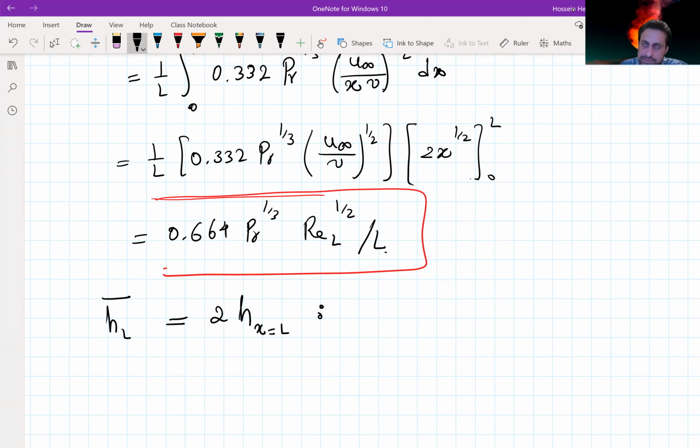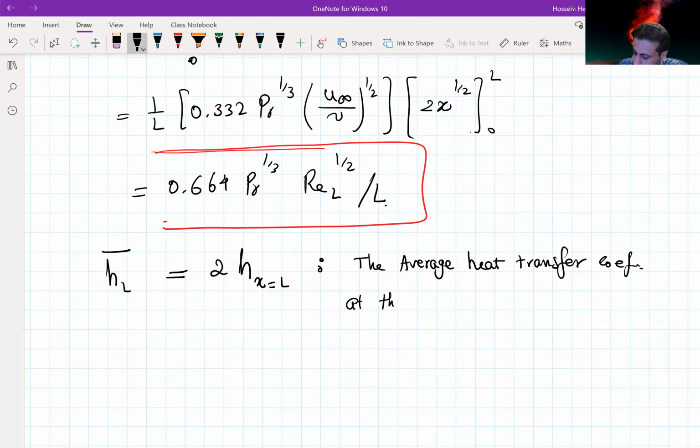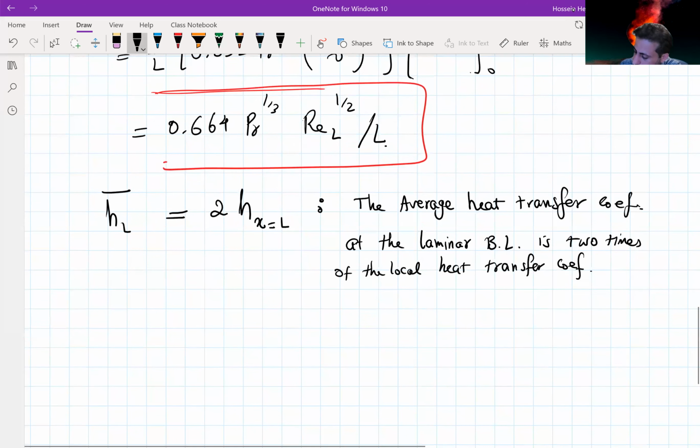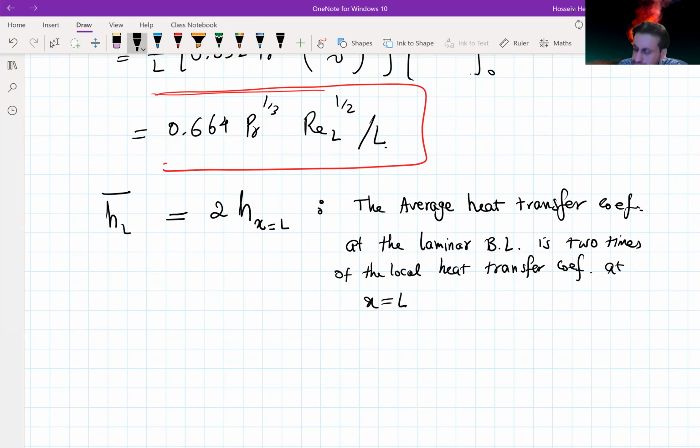So the significance of this is that the average heat transfer coefficient for the laminar boundary layer is twice the local heat transfer coefficient at x equal to L, at the end of the plate.